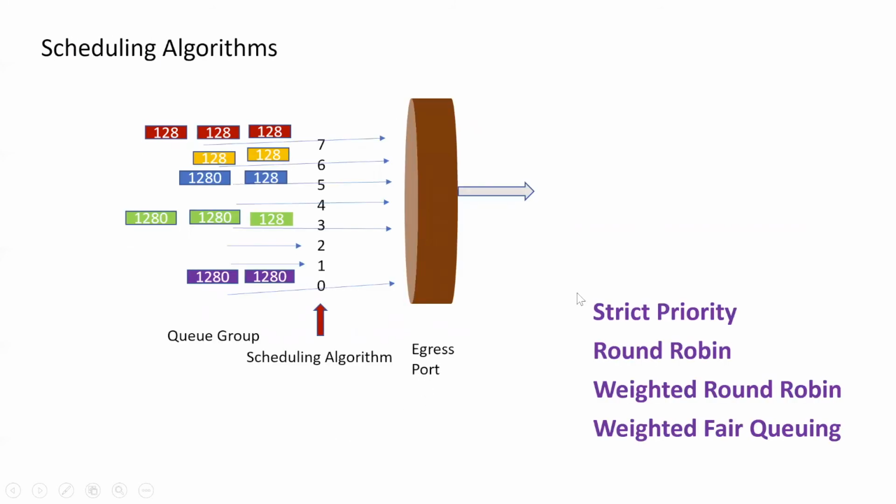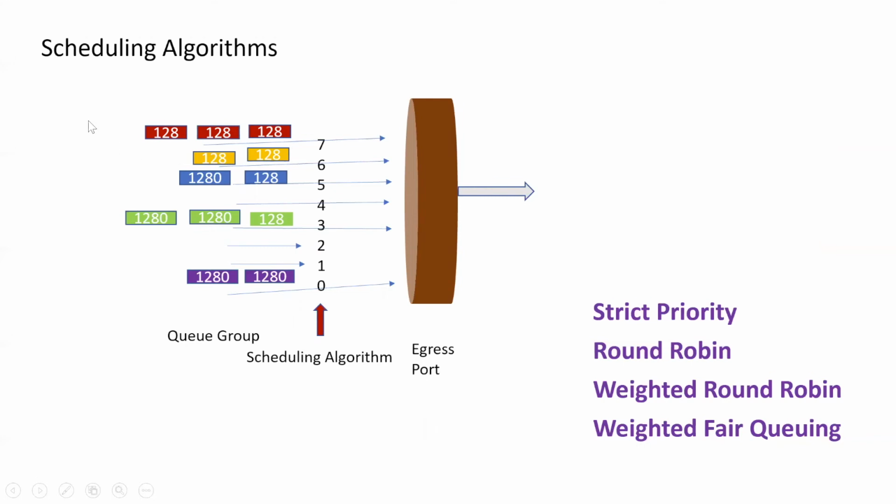All right, so there are 4 common scheduling algorithms: strict priority, round robin, weighted round robin, and weighted fair queuing. So strict priority is that you send the highest priority traffic out first, always. So in this case, assuming 7's highest priority and 0's lowest priority, we'd send all 3 red packets, and we'd send the 2 yellow packets.